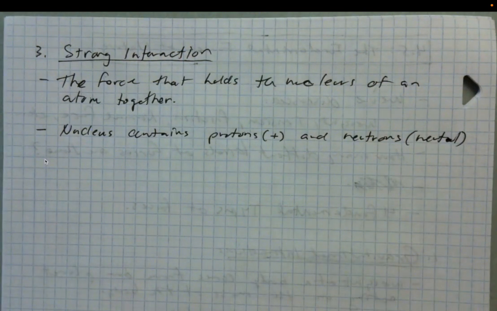So inside this nucleus, which is packed together very tightly, you've got a bunch of positive charge and a bunch of neutral charge. So you'd think the nucleus overall would have a positive charge, and these protons would actually repel one another, right? The protons are positively charged. They don't want to be butted up next to each other, but they are nonetheless.